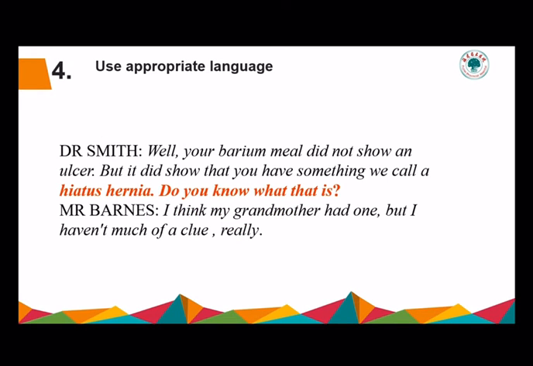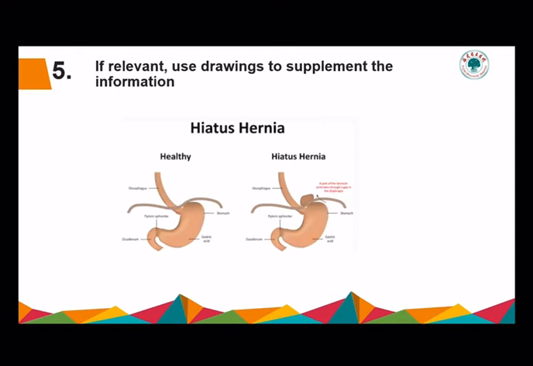And about the language, we have to check that the patient understands what we said, especially the medical words. Just like Dr. Smith does. And you can use drawings to help you to explain the disease to the patient.